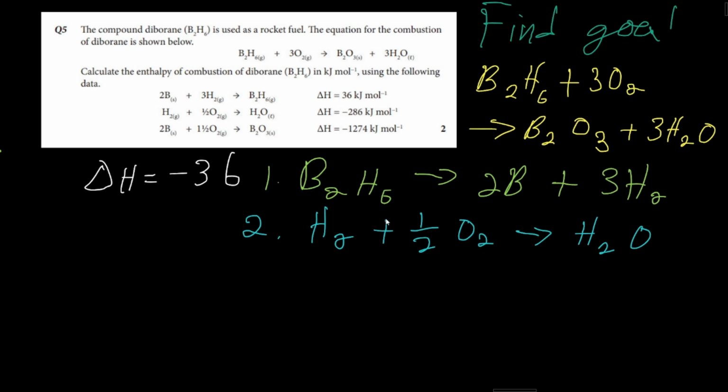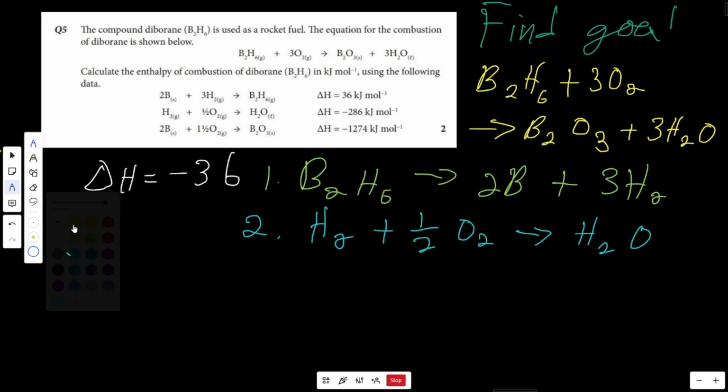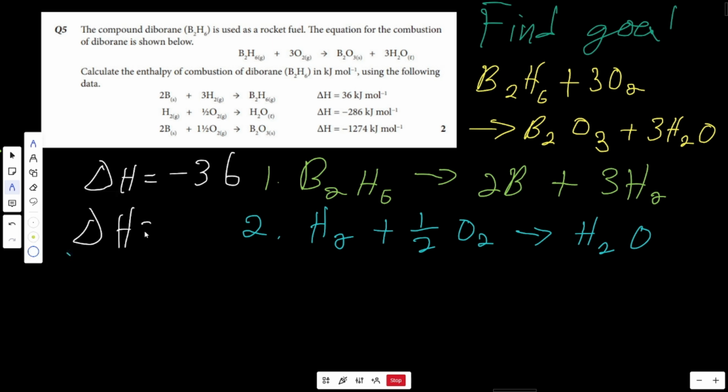Well, easily, what we can do here is just multiply the entire reaction by 3. So in that sense, we'd be multiplying our enthalpy as well. So our enthalpy would be 3 times negative 286. And we would be multiplying 3 to everything here. So 3, 3, and 3. Now, we would have the right amount of water produced.